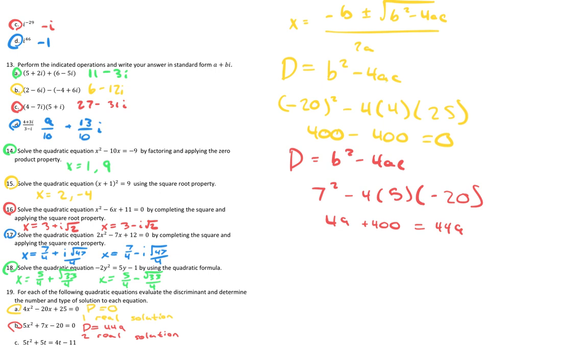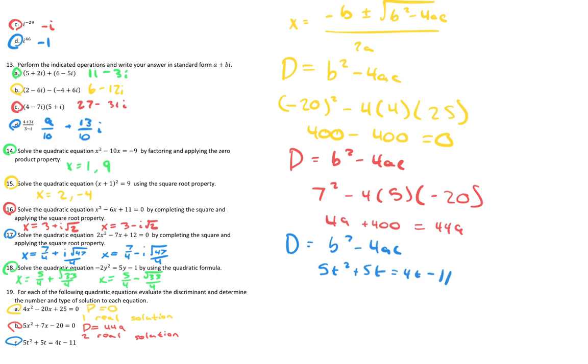Okay. And then last one, C, discriminant equals b squared minus 4ac. So we're going to have b is, well, before we do this, we need to do a little rearranging, right? Because we have 5t squared plus 5t equals 4t minus 11.